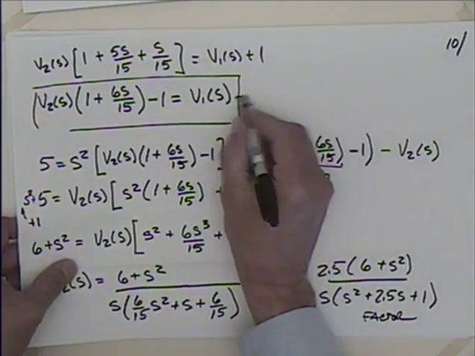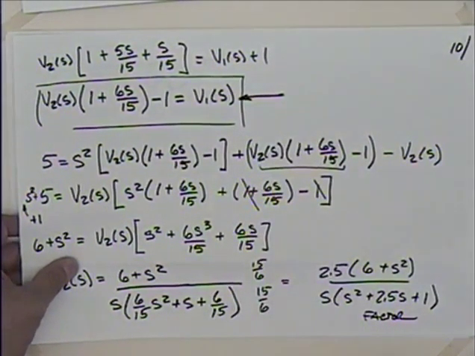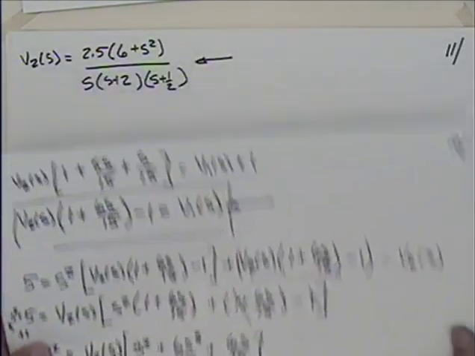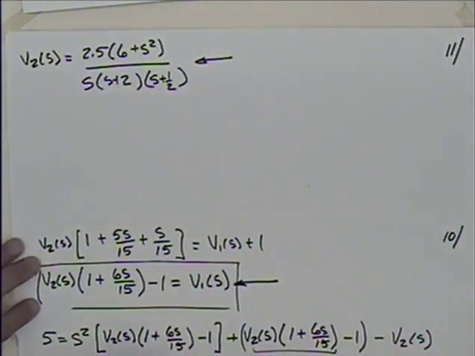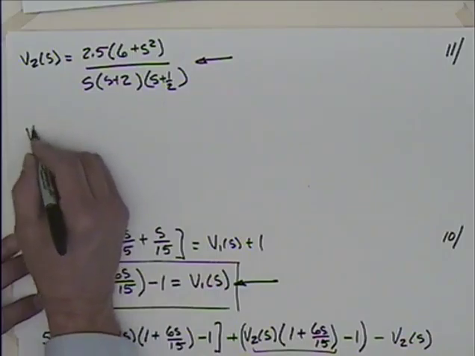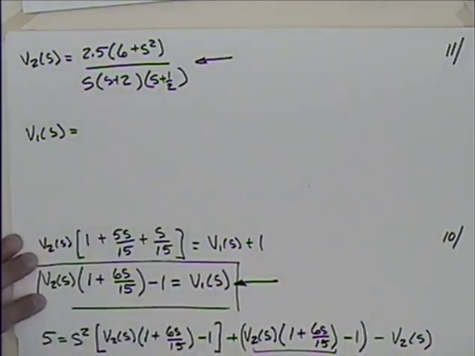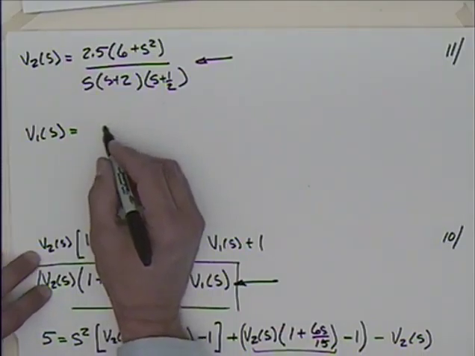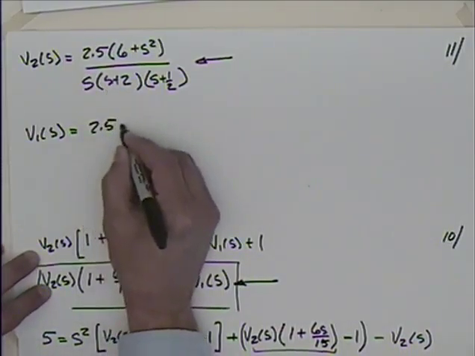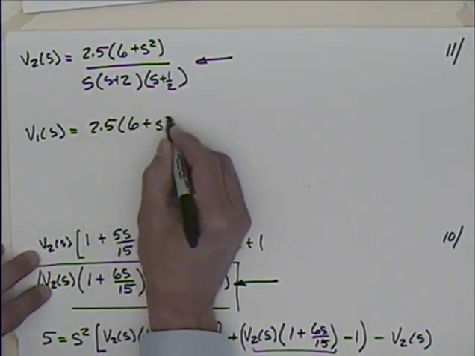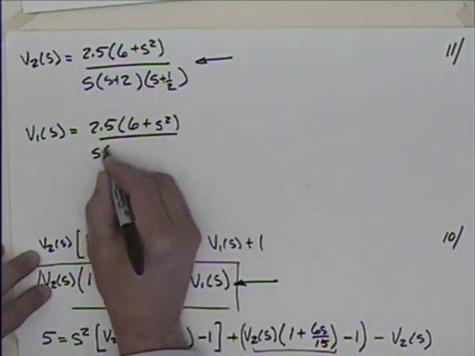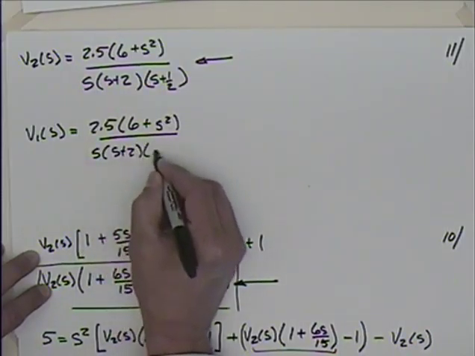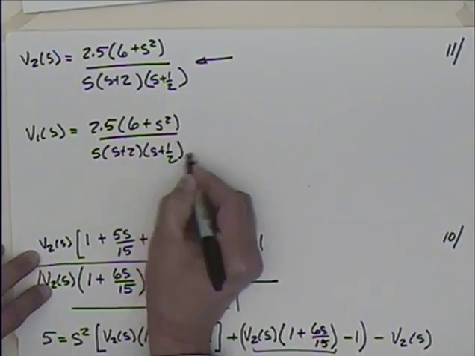V1 right here. Okay, so I'm going to take that expression and use that to get my V1. So V1 in the S domain would be equal to V2, which is this thing, right? 2.5 times 6 plus S squared divided by S times S plus 2 and S plus 1/2.